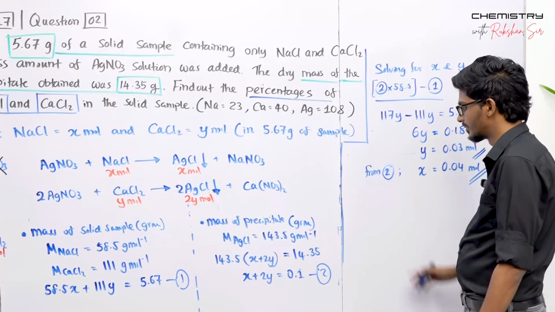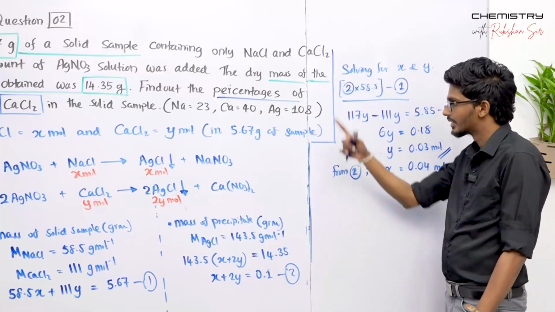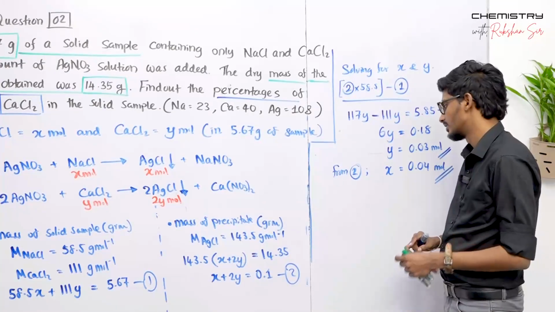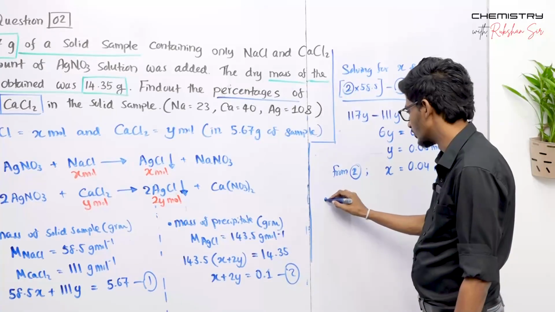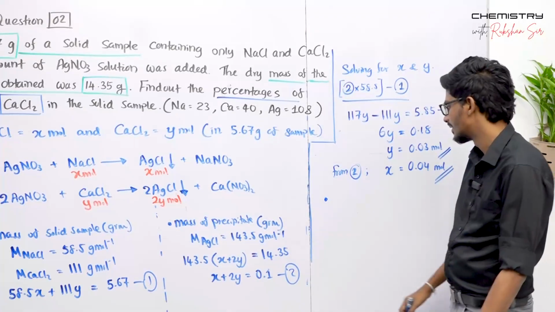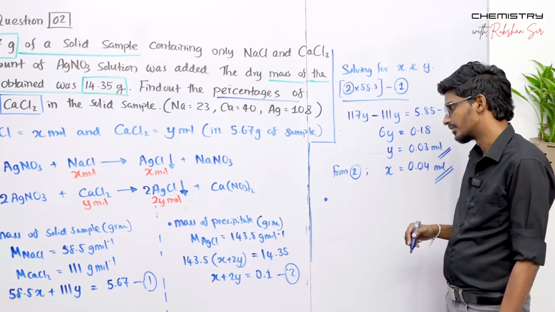Then what we need to do is just come up with the mass percentages, right? Now we're achieving the goal, right? What we can do is come up with the mass of NaCl as well as calcium chloride.